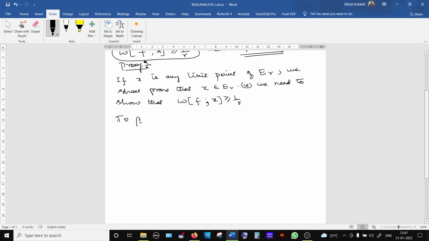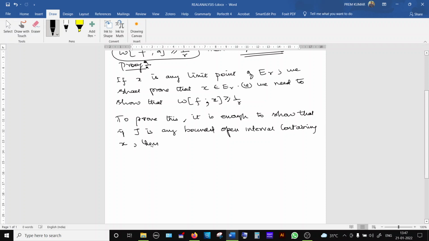Now, to prove this, it is enough to show that if J is any bounded open interval containing x, then the oscillation of f over J must be greater than or equal to 1 by r.